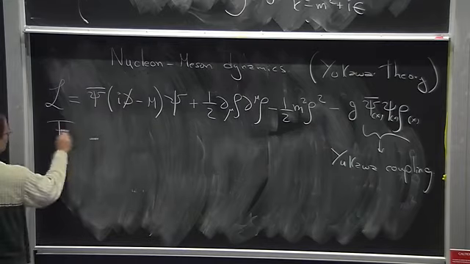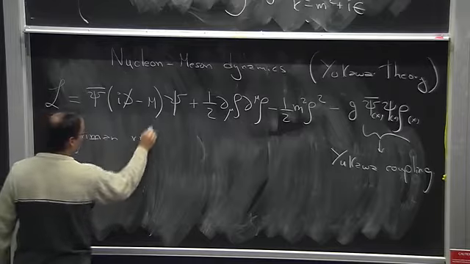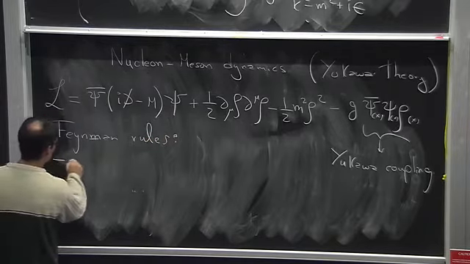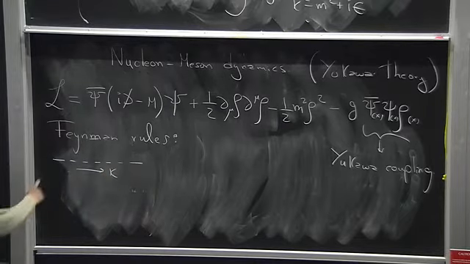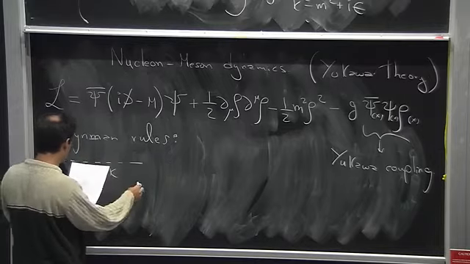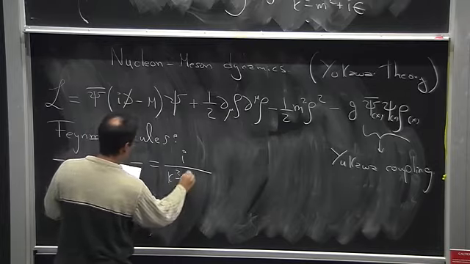So, what are the Feynman rules for this theory? Well, we denote, as we did last time, by a dashed line the propagator of the scalar, of the meson field.